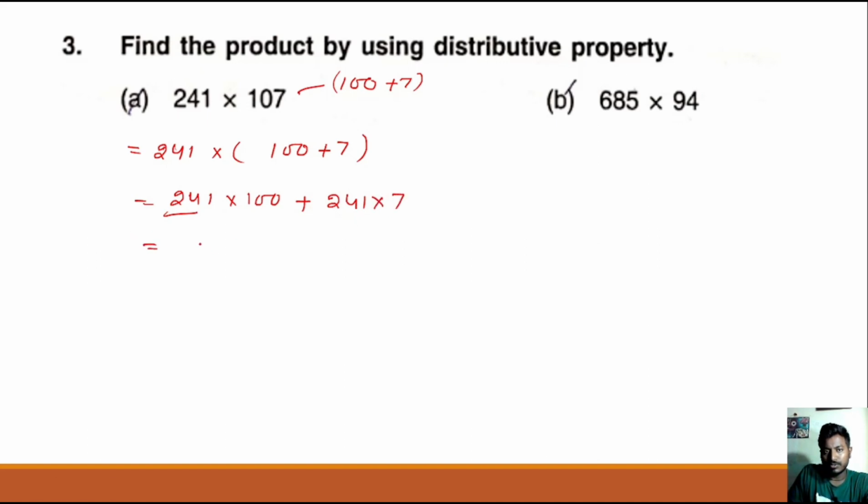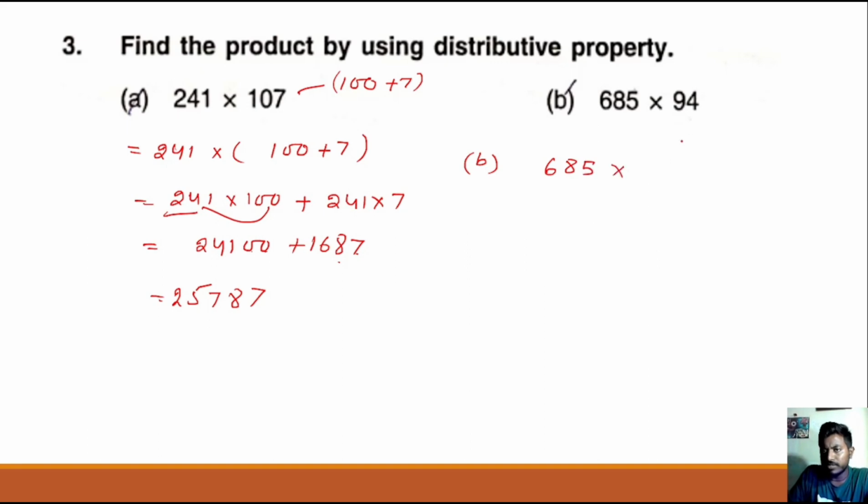So write down 24100, because we multiply orally, plus 7 1s are 7, 7 4s are 28, 7 2s are 14 to 16. Now add 07, that is 7, 08, that is 8, 617, 145 to 2.